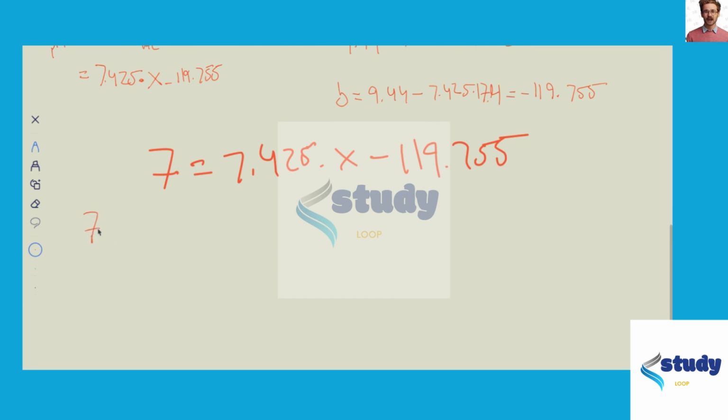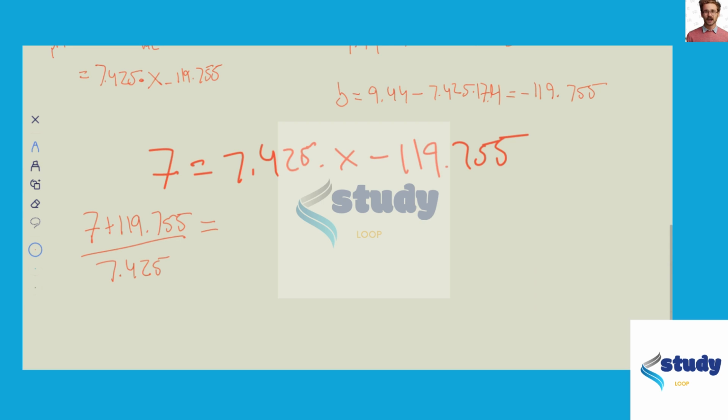So we say 7 plus 119.755, in parentheses, divided by 7.425.